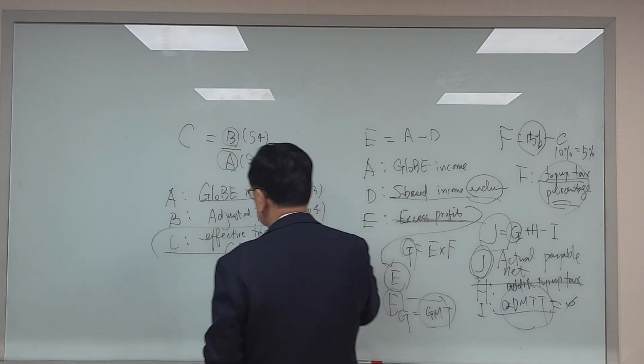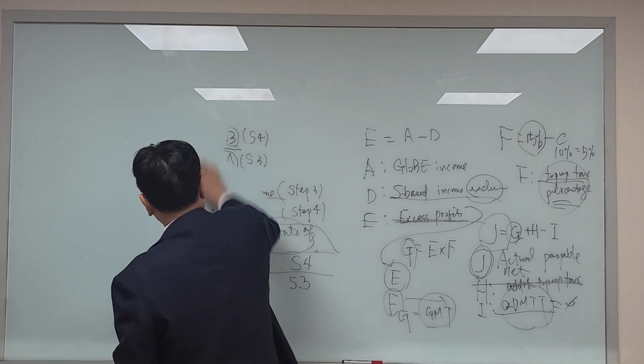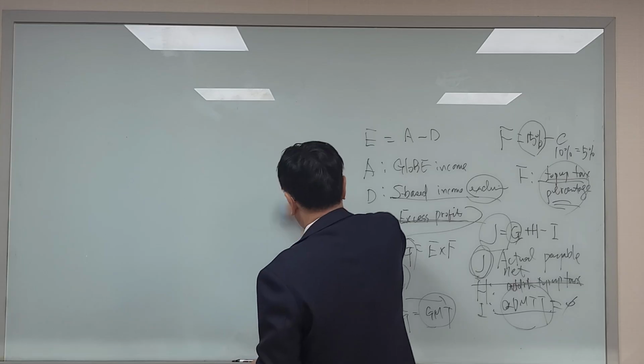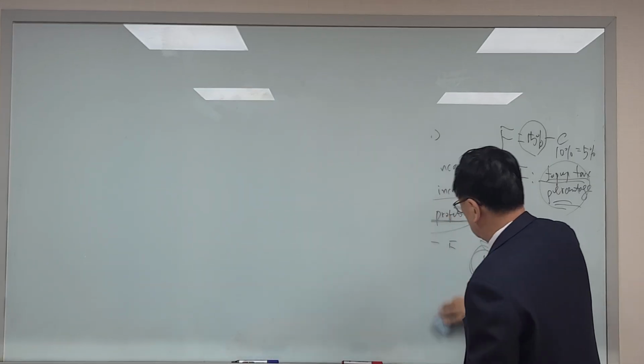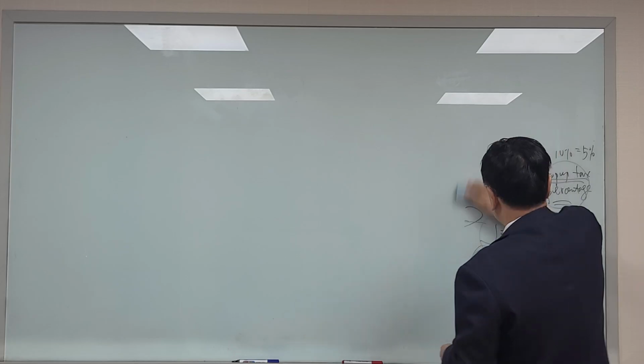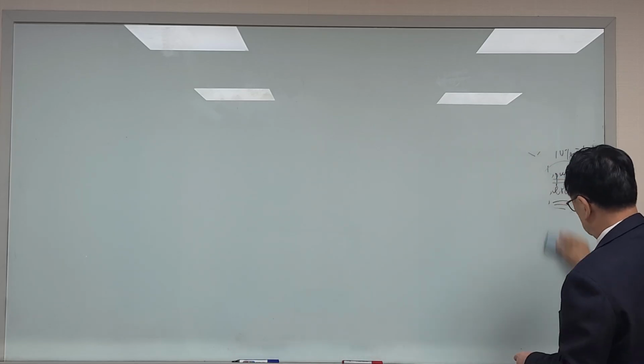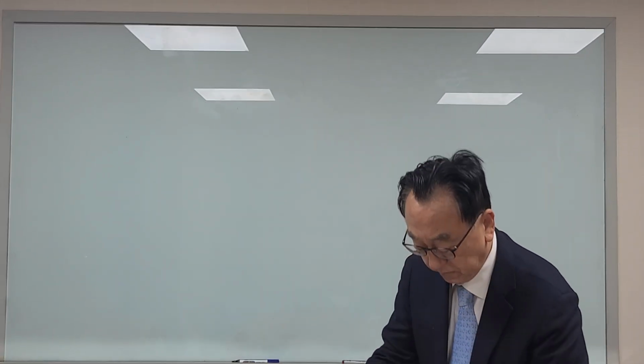And finally, step 6. Step 6 is the comprehensive explanation of all these processes. Step 6 equals calculation of effective tax rate.